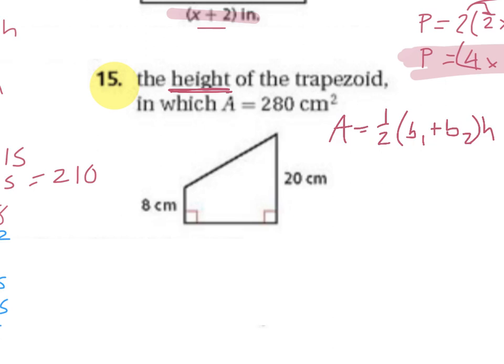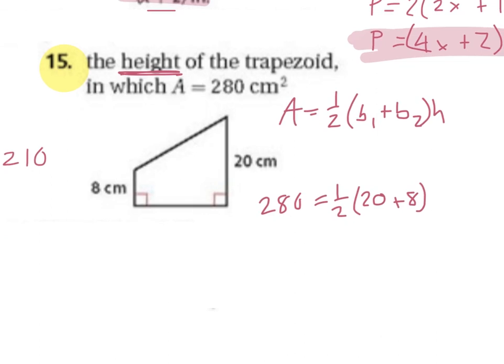So our area is 280. We just keep the 1/2, and we have 20, which is base 1, and 8, which is base 2. It doesn't matter which one's base 1 and base 2, you're going to add them so you get the same thing. And our goal here is to get h all by itself. We want it to be h equals in order to find the height.